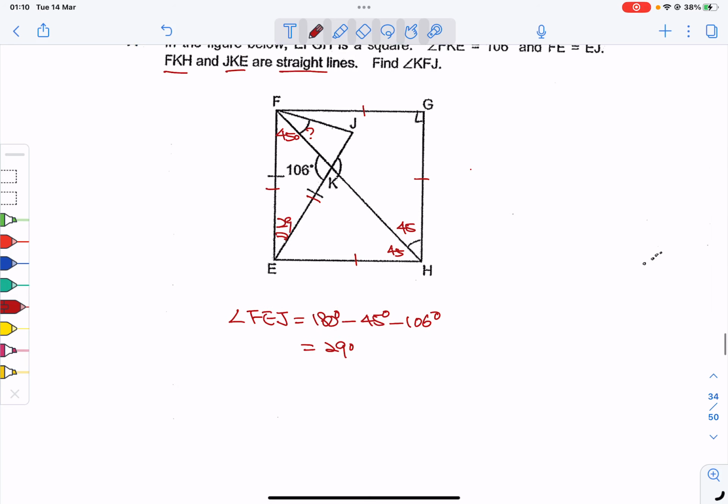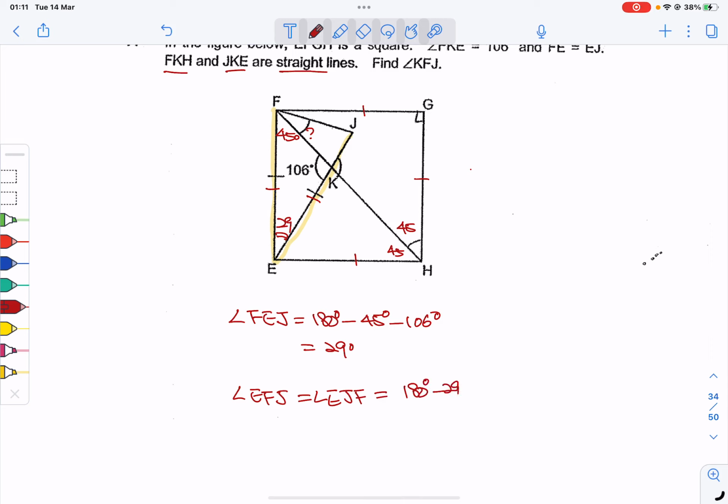Now, we know that these are isosceles triangle, and we have the top of the isosceles triangle, so we can find the two legs of the isosceles triangle. To find the two legs of the isosceles triangle, angle EFJ equals to angle EJF equals to 180.